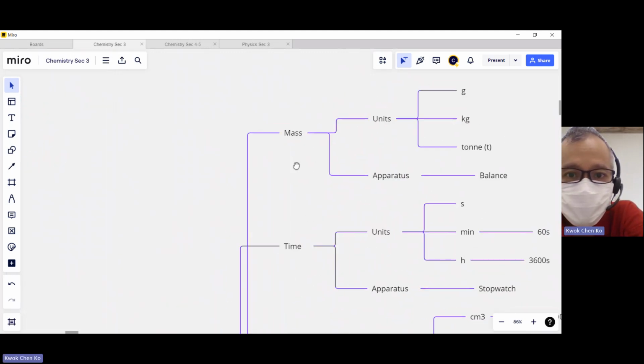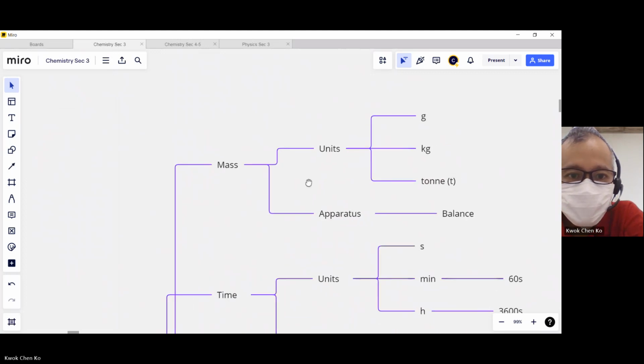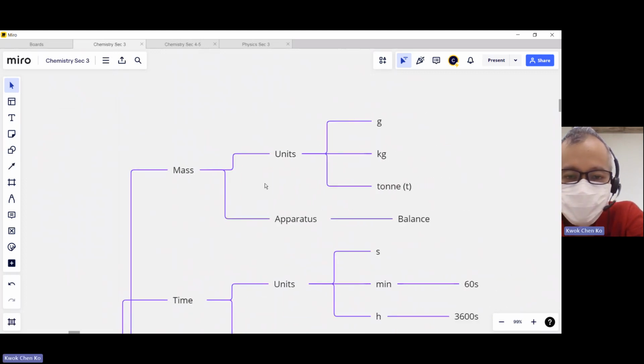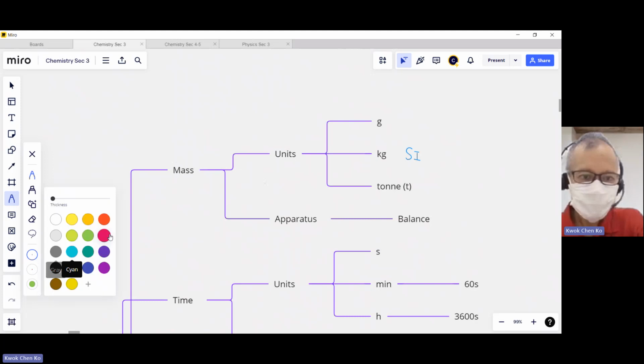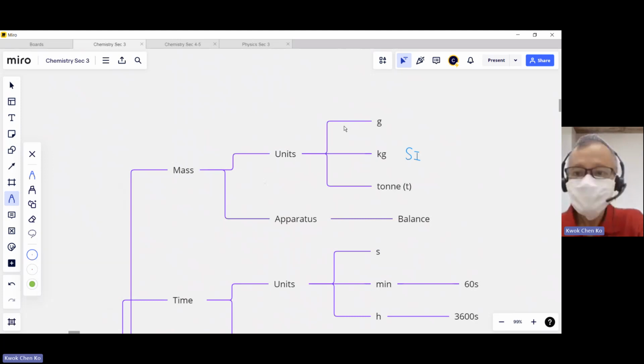Well, starting with mass. No doubt you should realize that the SI unit for mass will be kg, but I'll be very upfront to say that in chemistry, we use tons and grams quite often as well.